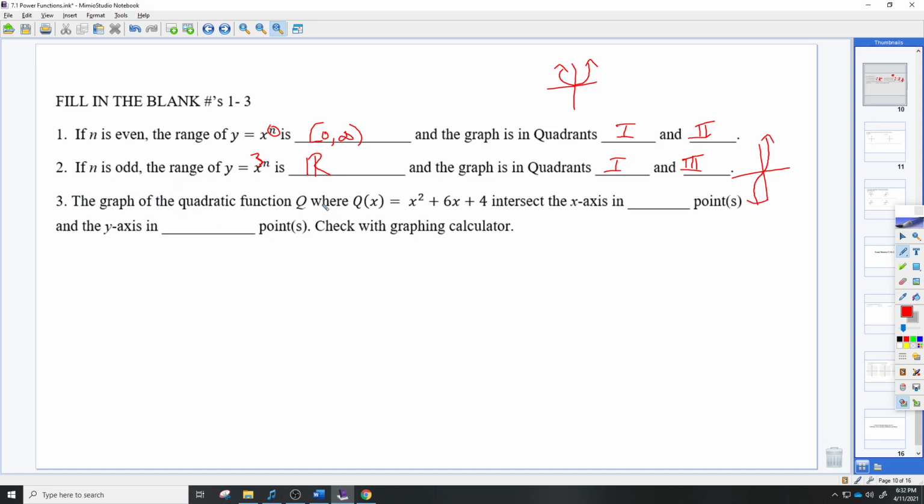Number 3, the graph of the quadratic function q, or q of x equals x squared plus 6x plus 4, intersects the x-axis in blank points, and the y-axis in how many points? Well, let's just go ahead and graph this real quick.